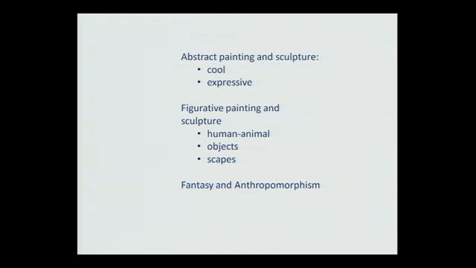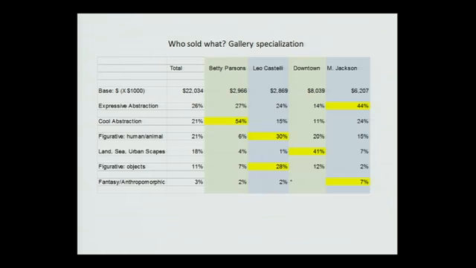So figurative painting and sculpture I broke down to human, animal, objects, and scapes. Landscapes, cityscapes, any kind of scapes. When I had sorted all of that, I had a few paintings and sculptures left over. What they all had in common was that they were fantastical or anthropomorphic, and so I made that my last category.